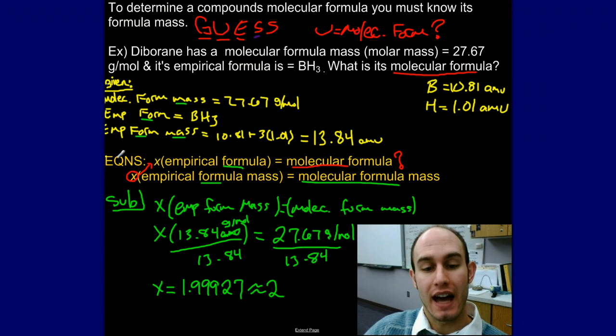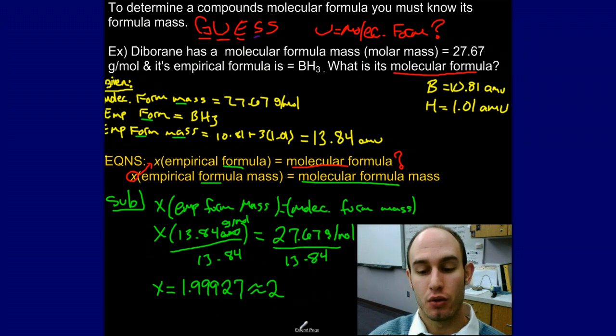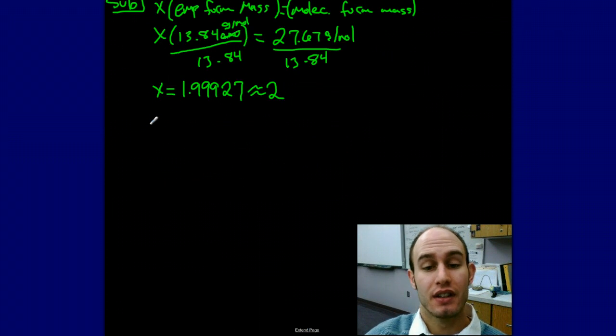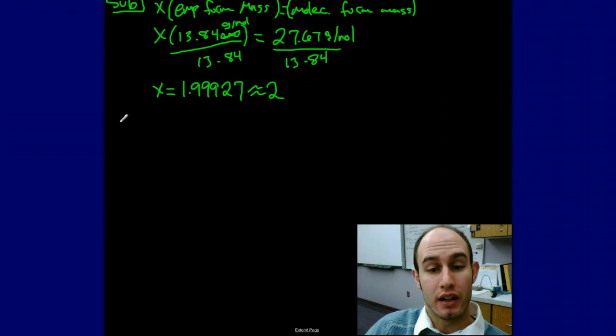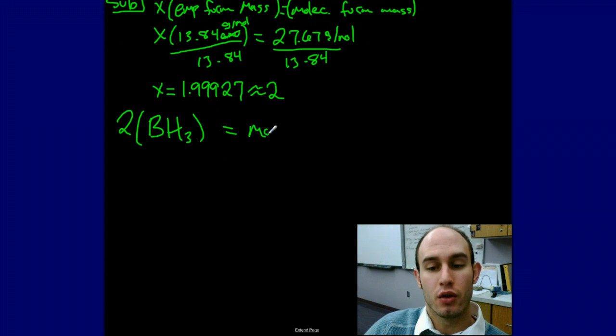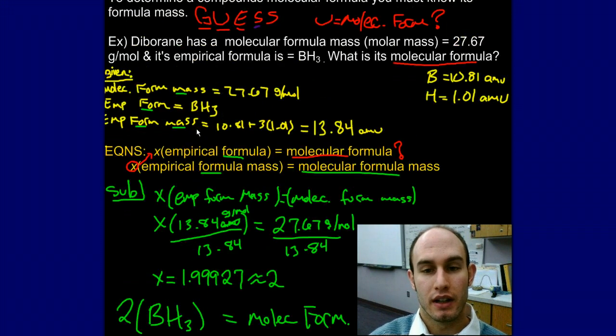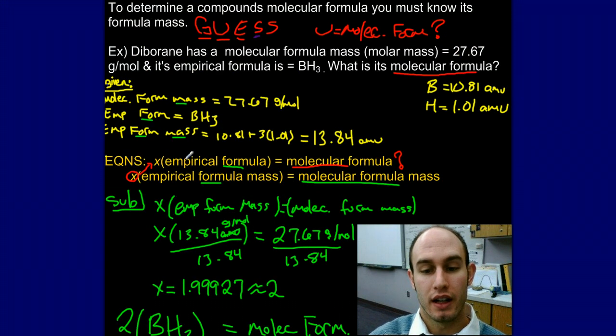I can use that in my next equation to solve for my last step. I have my equation, which is 2, which is x, times the empirical formula, which I was given as BH3, is going to be equivalent to the molecular formula. Again, these equations are given to you, right here: empirical formula times x equals the molecular formula.